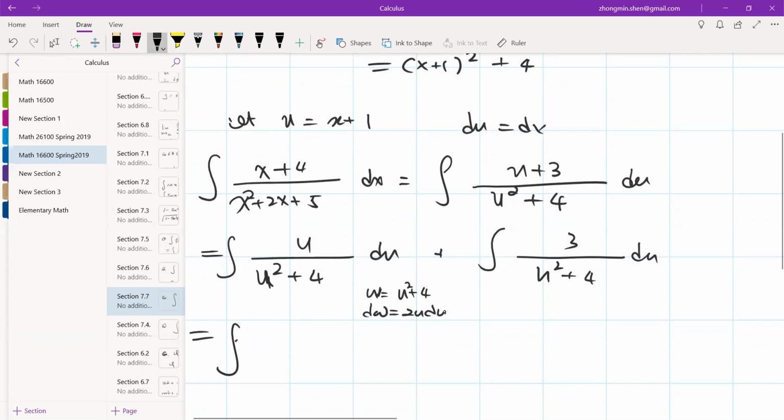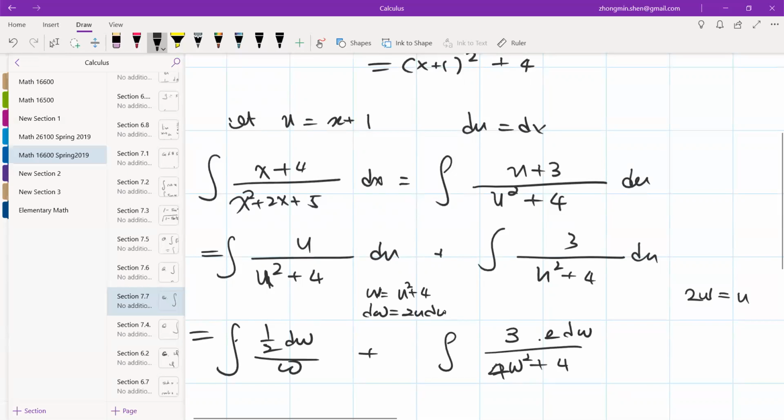Okay, so the integral will be 1/2 dw over w. For the other one, let's also use a w. Say 2w equals u. Okay? Then the integral will be 4w squared plus 4 and the 3, and du is going to be 2 dw.